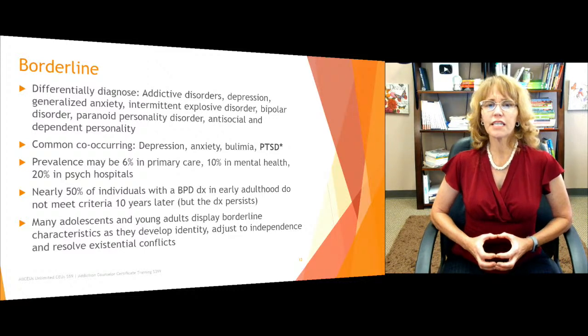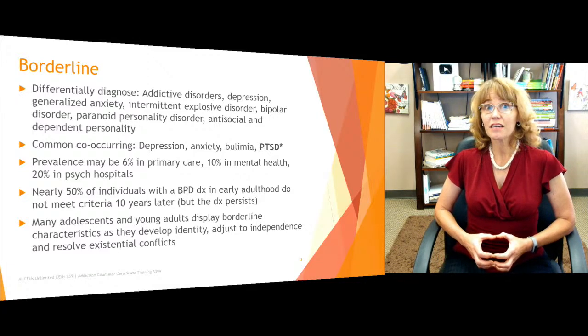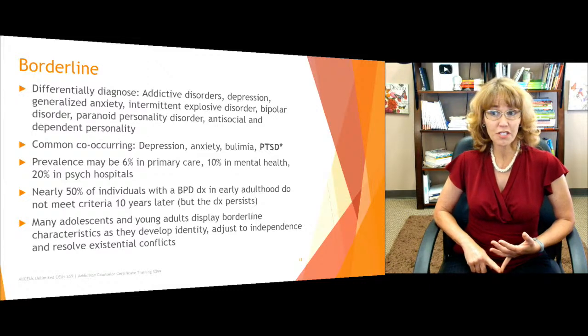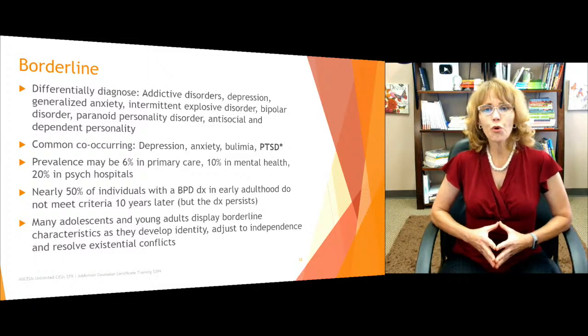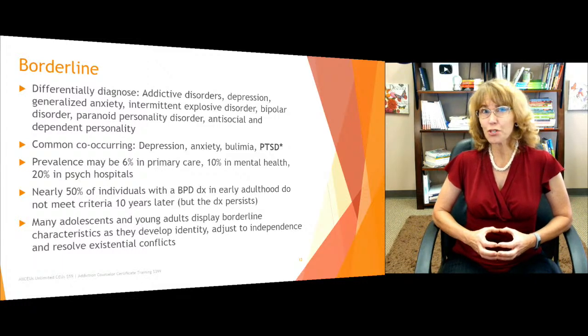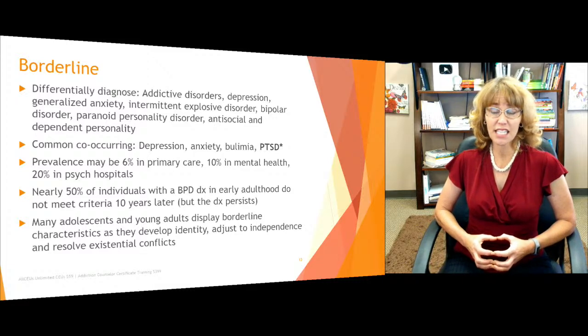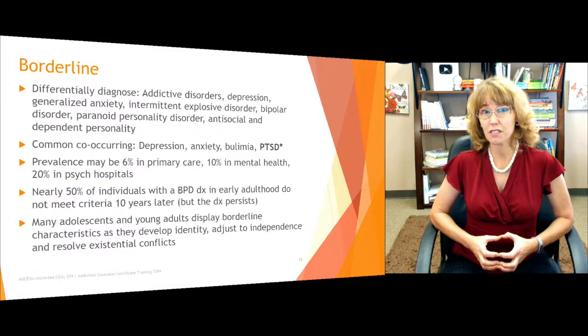Common co-occurring: depression is very common with borderline personality disorders, as are eating disorders and PTSD. The prevalence of borderline personality may be 6% in primary care, 10% in mental health settings, and 20% in inpatient hospitals.